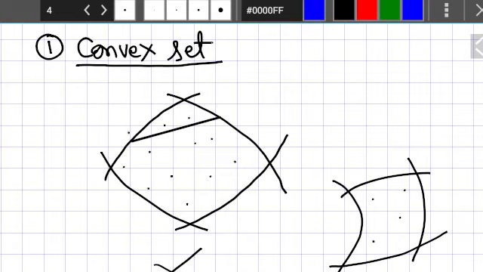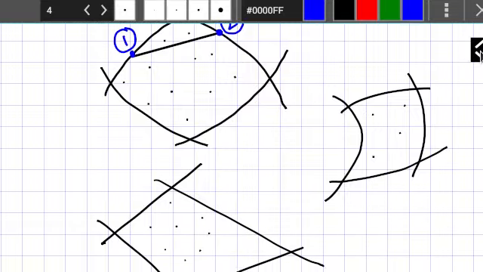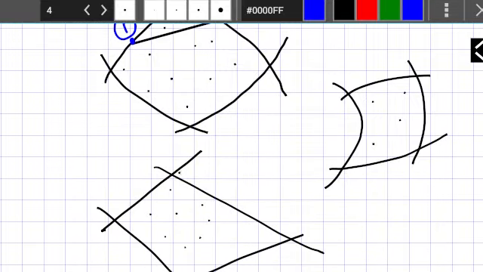This is your point 1 and point 2, and you connect these two points with a straight line. The same thing you do here: take any two points, one here and one here, and connect them with a line.